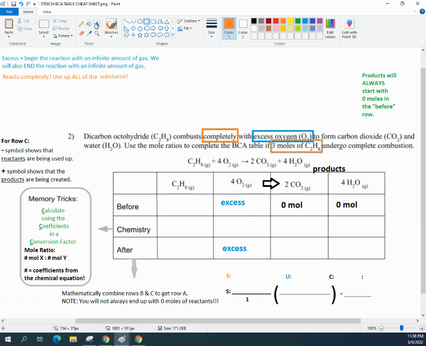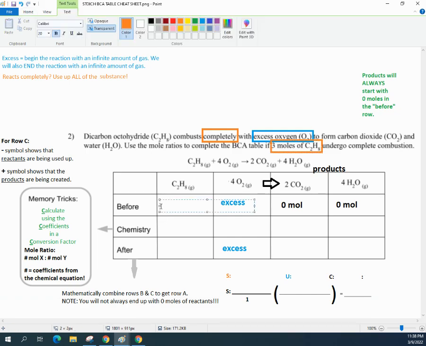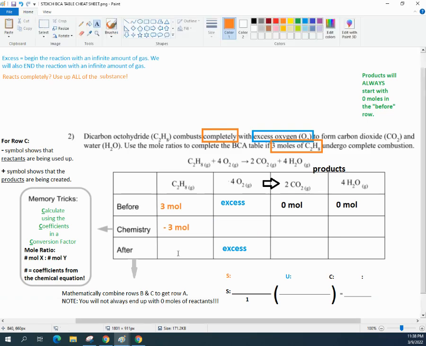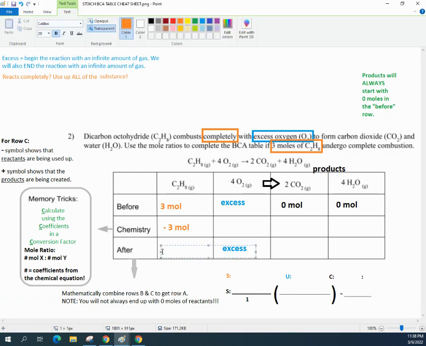So I know that before the chemical reaction takes place, I'm going to be starting with 3 moles of dicarbon octahydride. And according to the word problem, I'm going to be using all 3 moles. Now remember, row A, after, is just mathematically combining rows B and C to get A. So we would take 3 moles minus 3 moles, and we're going to end up with 0 moles.